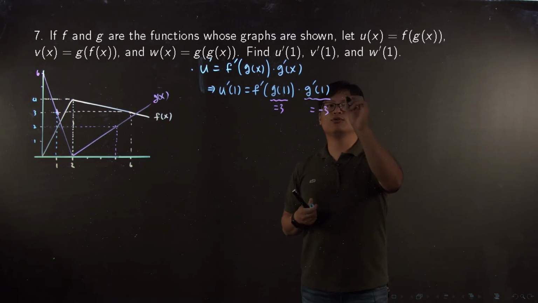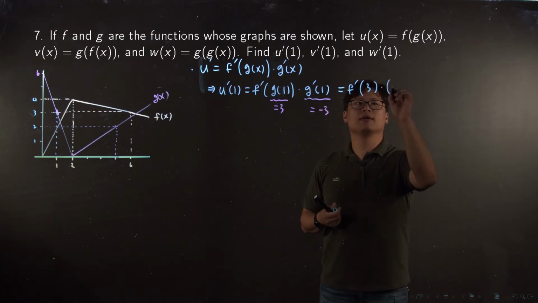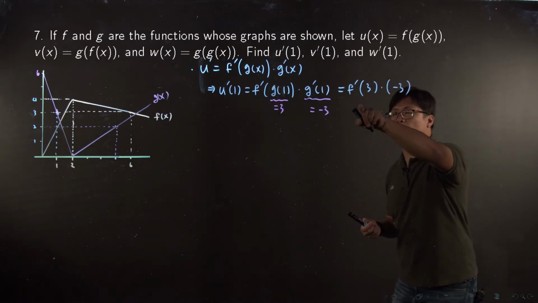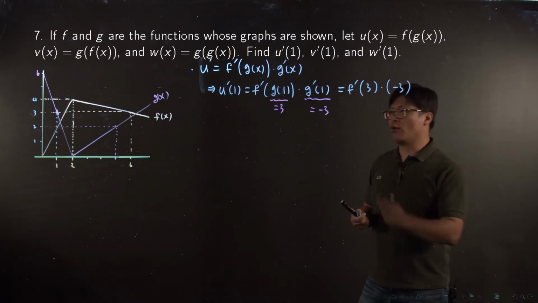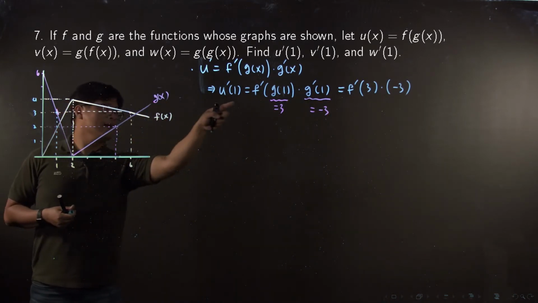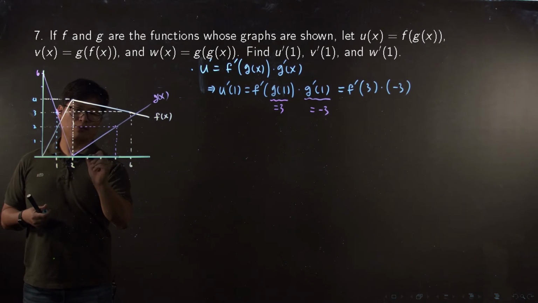So let me update. That is equal to f prime of 3 times -3. Now we have to figure out what f prime of 3 is, so we have to go back to function f. Function f is here, right? At 3, I'm talking about this point.